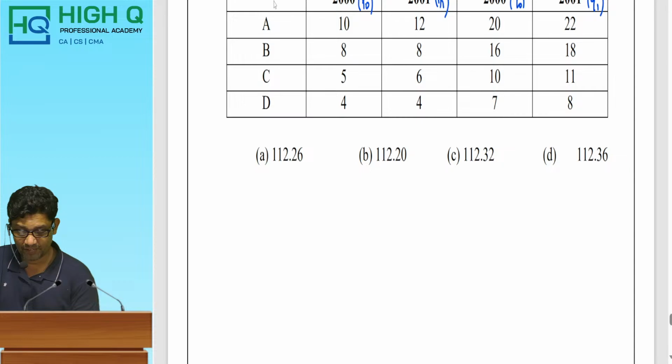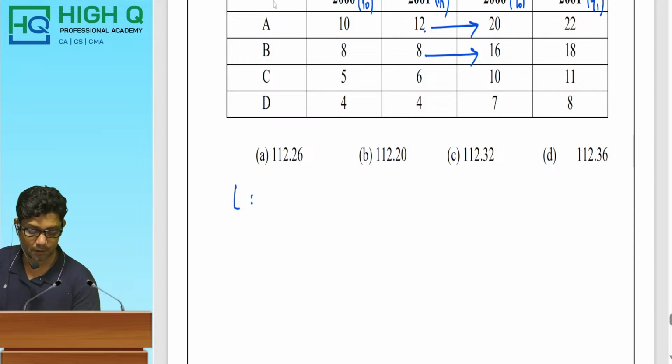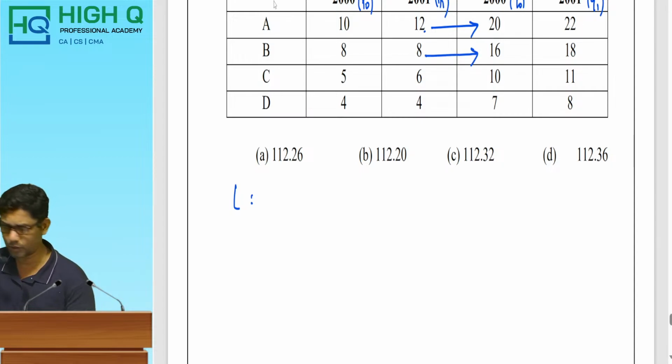First I'll be calculating Laspeyres price index. What is it?